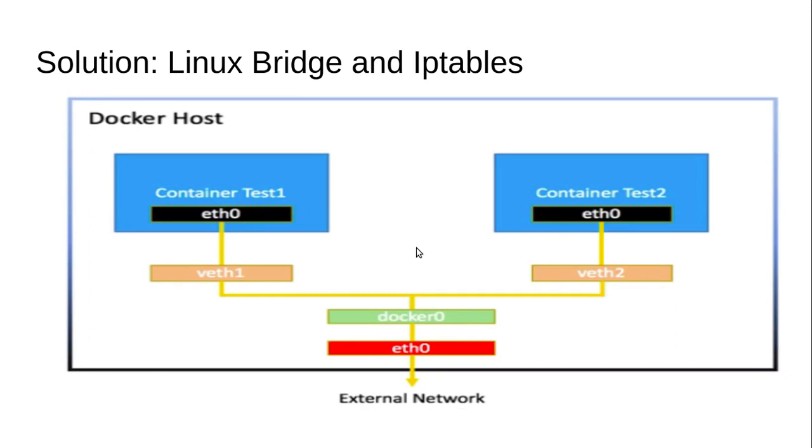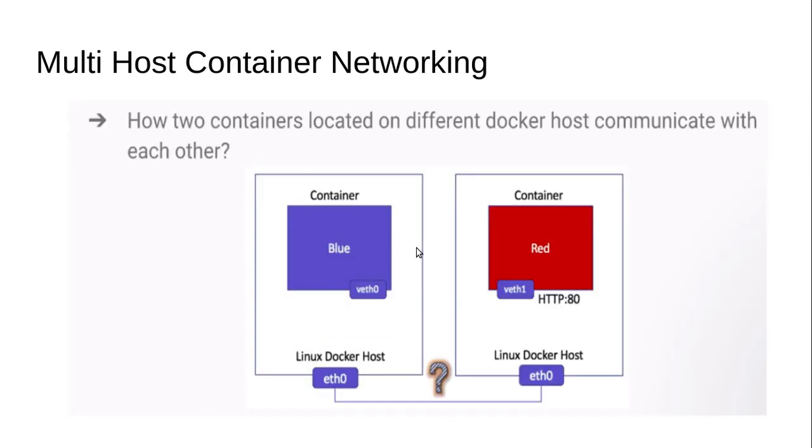Now the next requirement I have is how two containers located on different Docker hosts communicate with each other. That means we have two containers running on two different hosts, and now they want to interact with each other. So how are they going to interact?